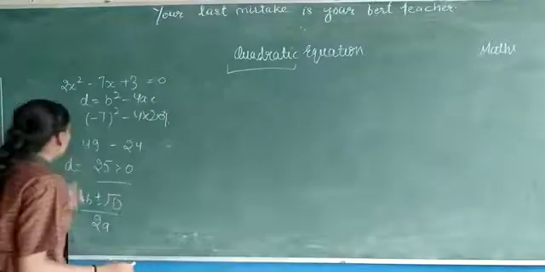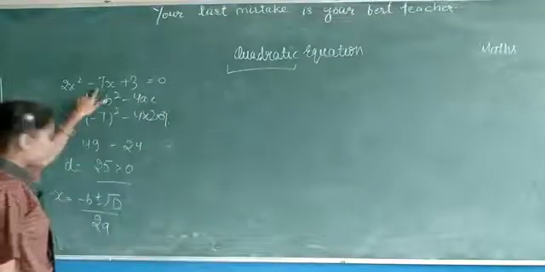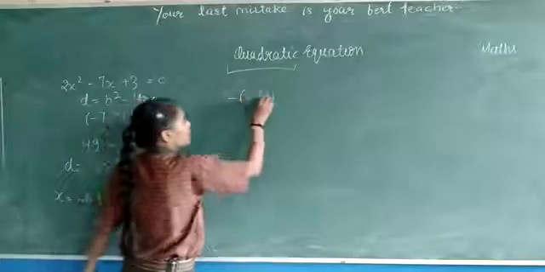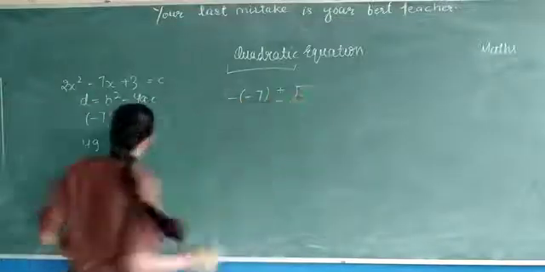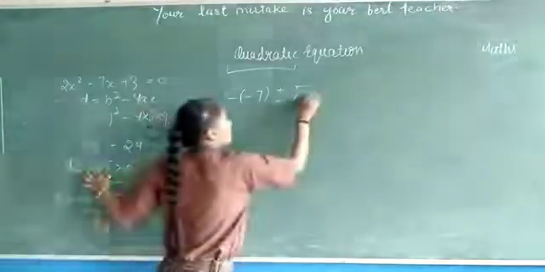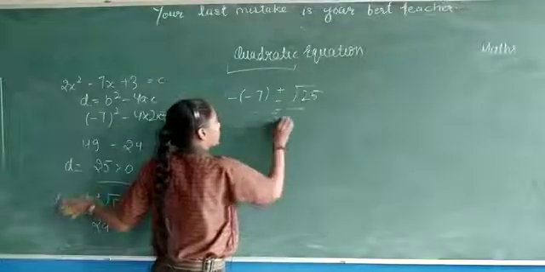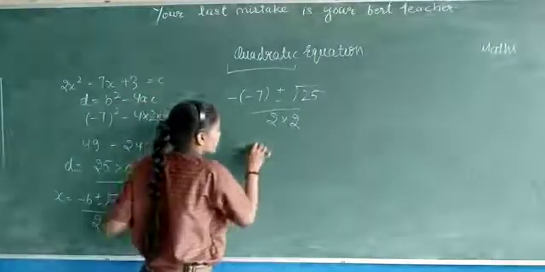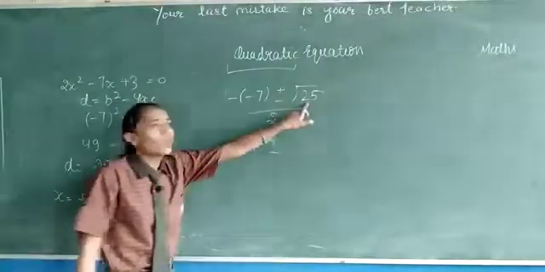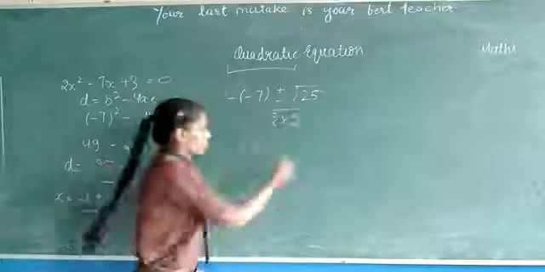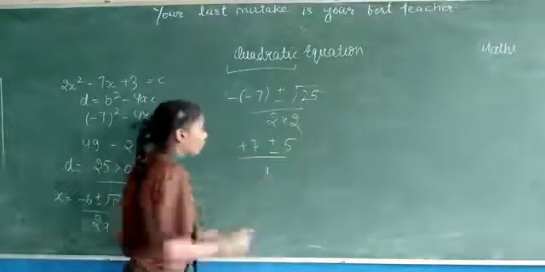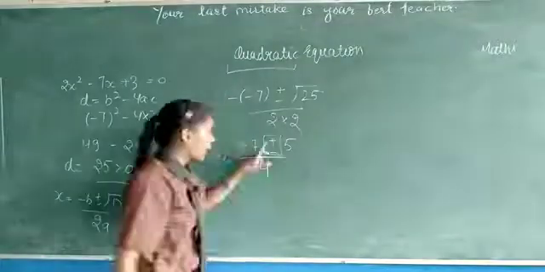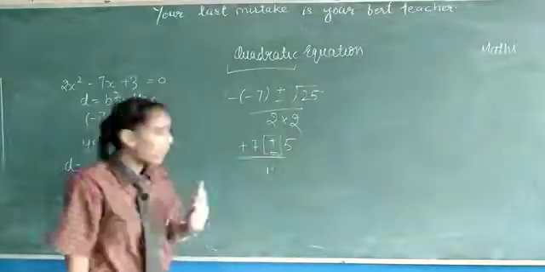Now put the values. The value of b is minus 7, so minus b is 7. x equals 7 plus minus the root of 25, upon 2 multiplied by 2, because the value of a is 2. The root of 25 is 5, and 2 into 2 is 4. Now to find the roots, one time we add and one time we subtract.